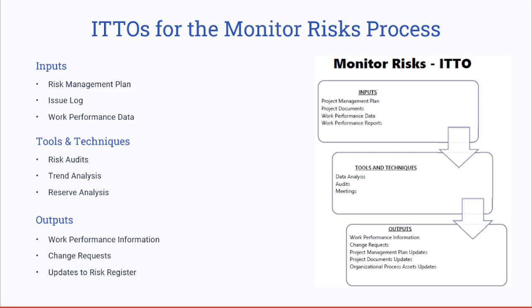And the outputs here include updates to the project management documents and some work performance information. A change request can be produced if needed. Also updating the risk register, which is a very important artifact of the project, where you track all of these risks with their impact, with their qualitative and quantitative analysis results, with their updates. So updating the risk register here is a very important thing to do as well.